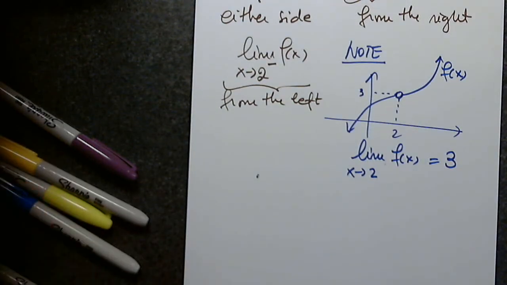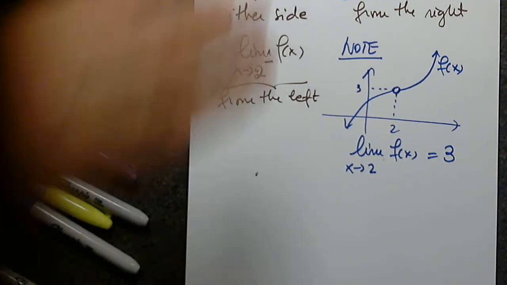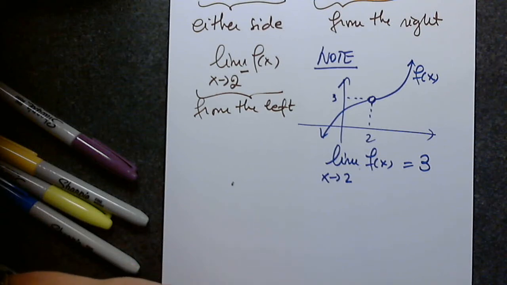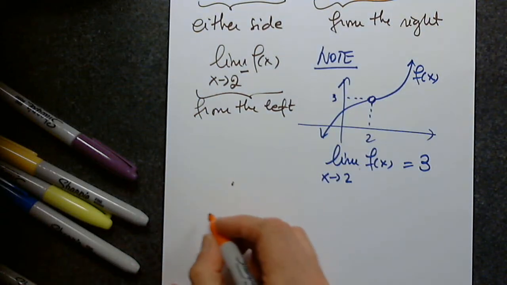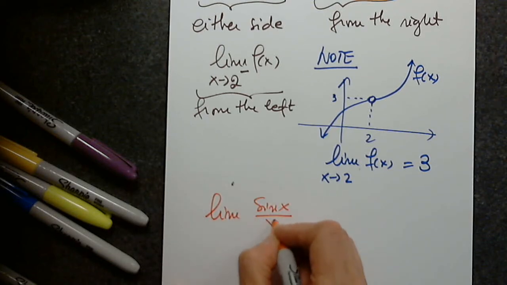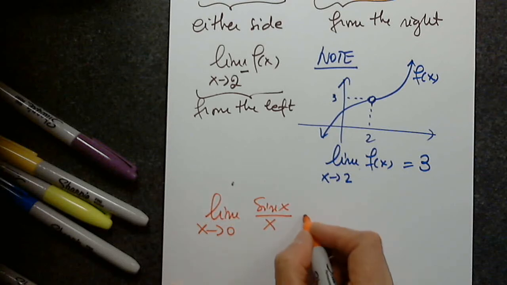Early in the semester, I would like to present a function, and we will graph it in a minute. We will prove the answer a little bit later, but we can also find the limit from the graph. So I want to find the limit of sine x divided by x as x approaches 0.